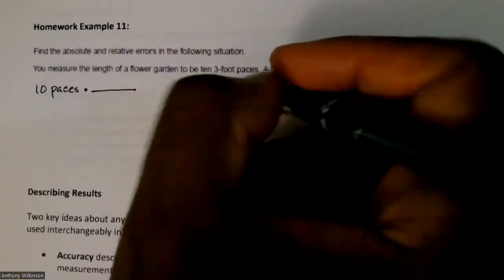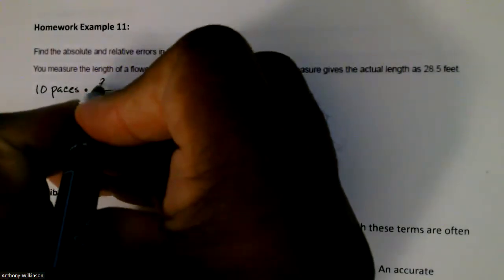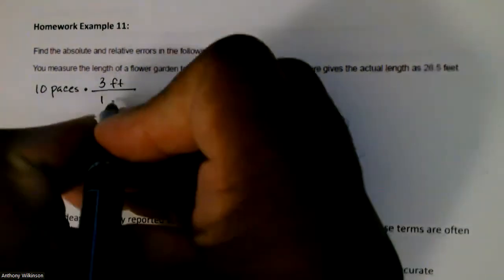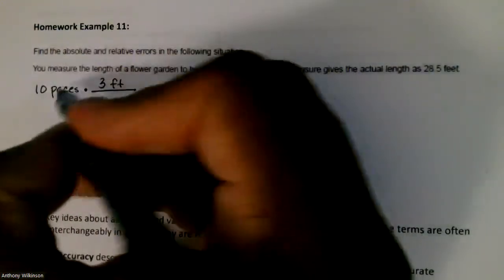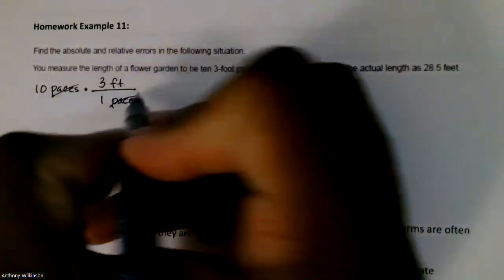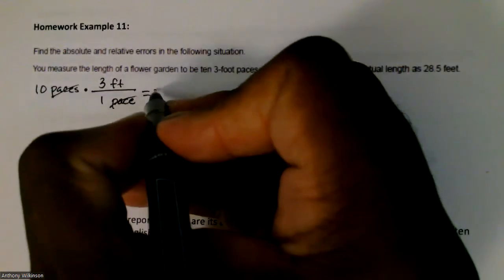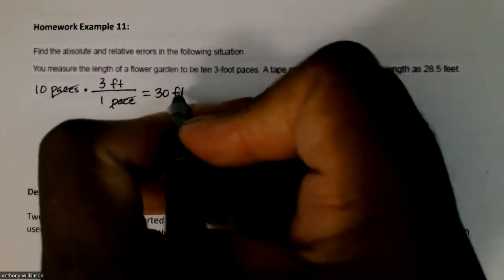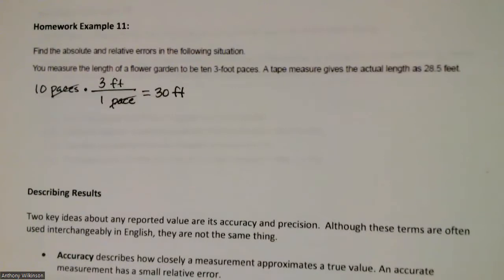That 10 represents 10 paces. 3-foot paces means 3 feet per 1 pace. So we have to do unit analysis here to convert this to feet. Paces divide out. 10 times 3 will be 30 feet. So we measure the flower garden as 30 feet, but a tape measure gives the actual length of 28.5 feet.